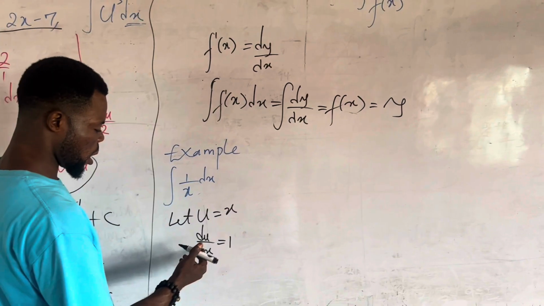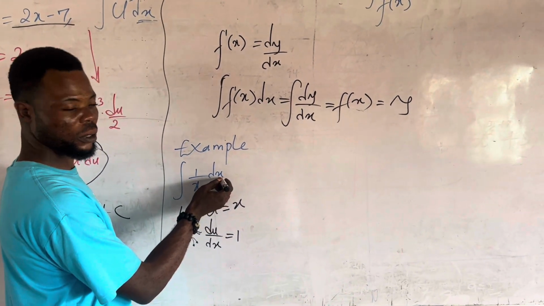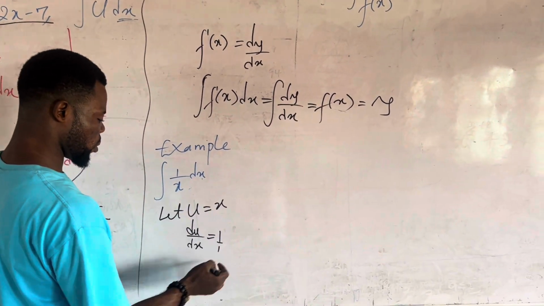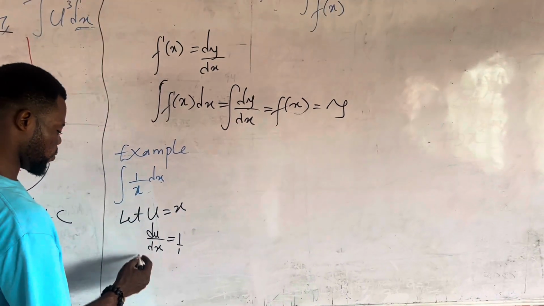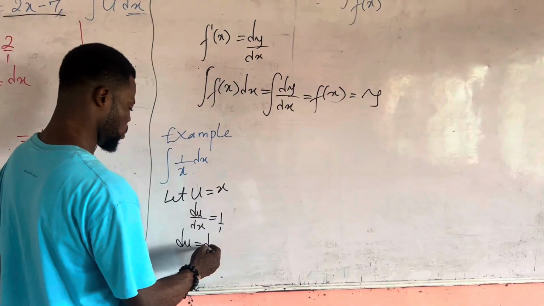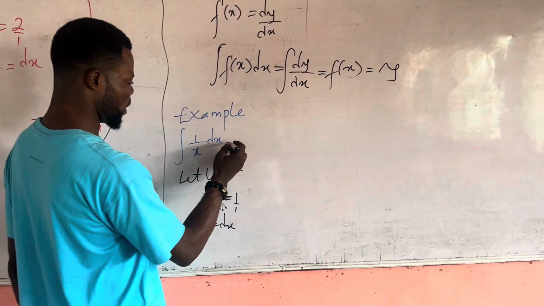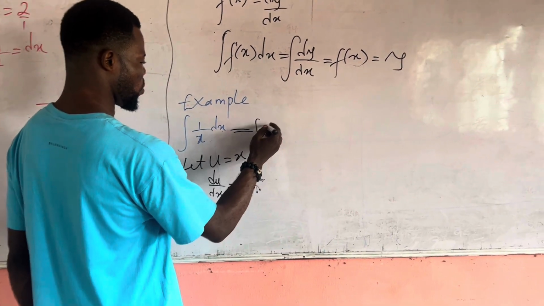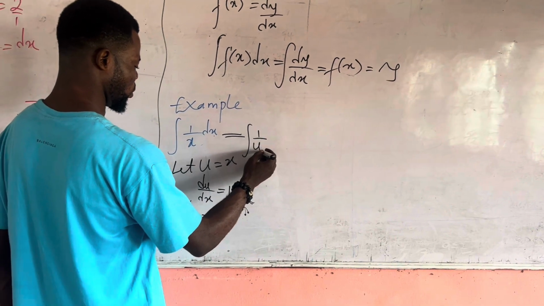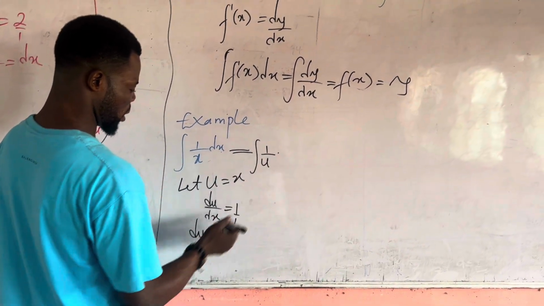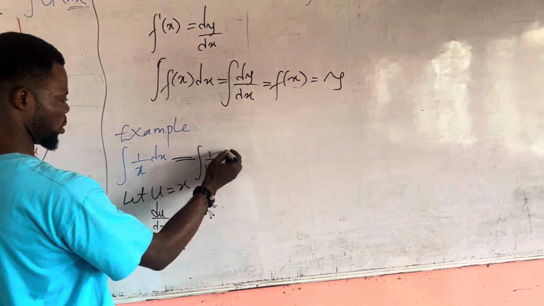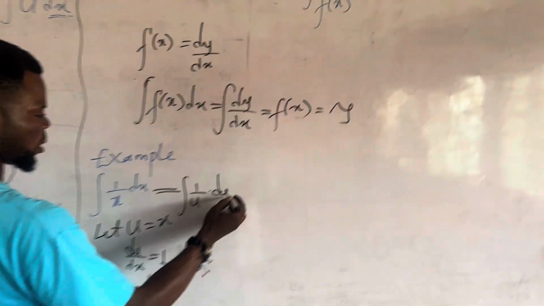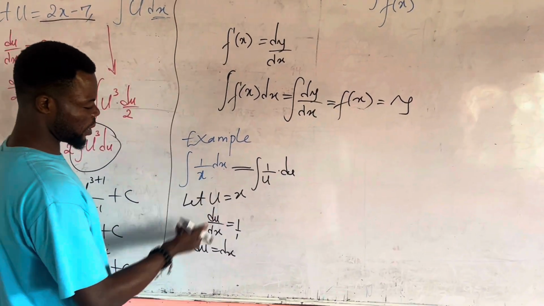I want to get the dx, so by cross multiplying, we have du equal to dx. Therefore, this can also be written as integral 1 over u du. It's still the same thing.